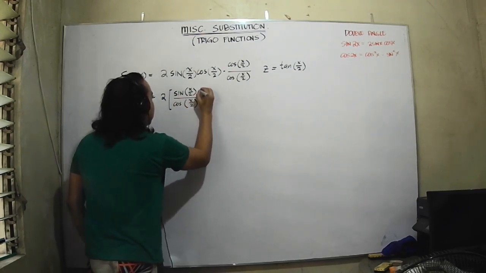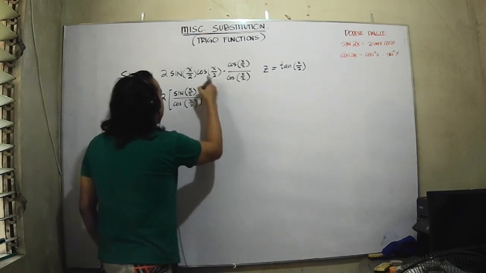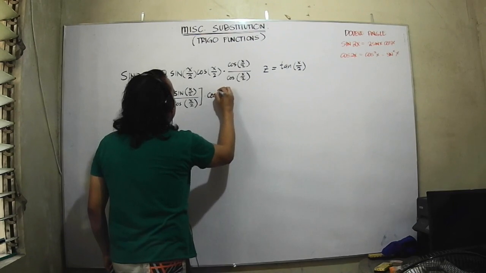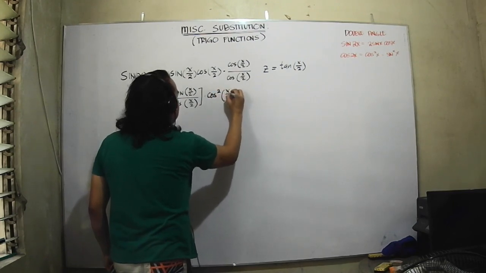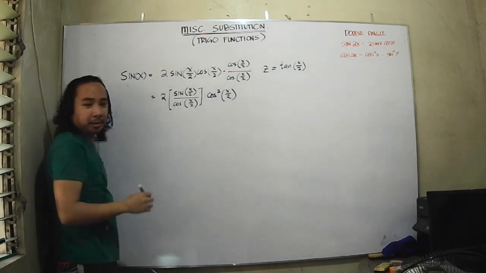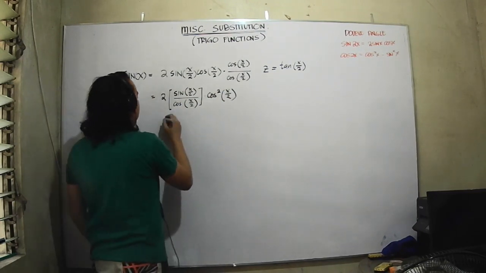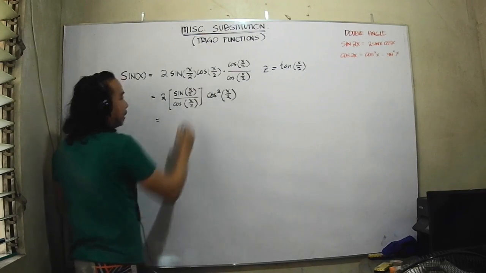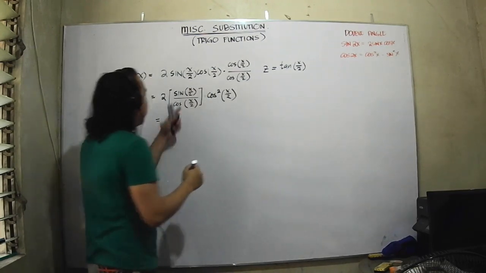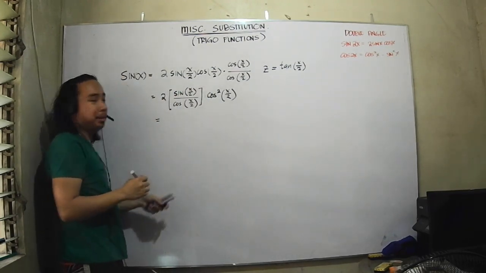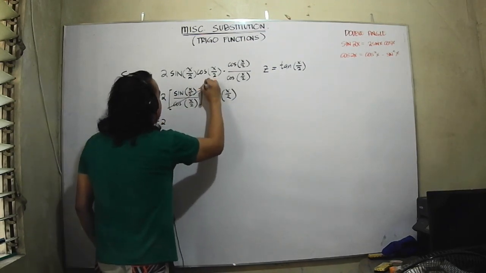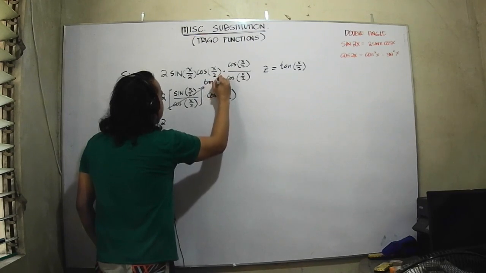So we have something like this, and the other cosine pairs with the cosine, making cosine squared. Here it's recognizable that tangent x is sine over cosine of the same angle. So this effectively becomes tangent x over 2.